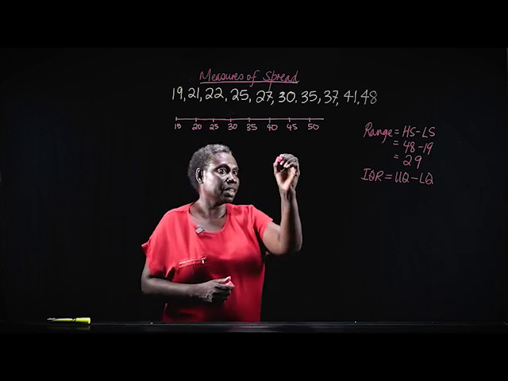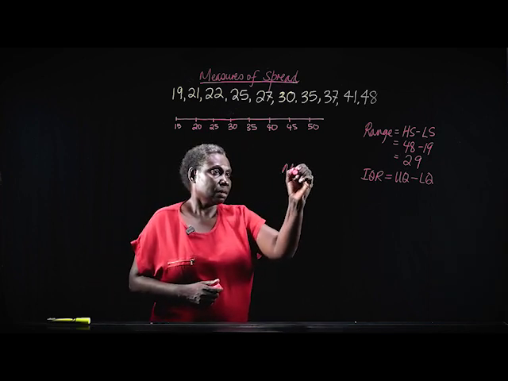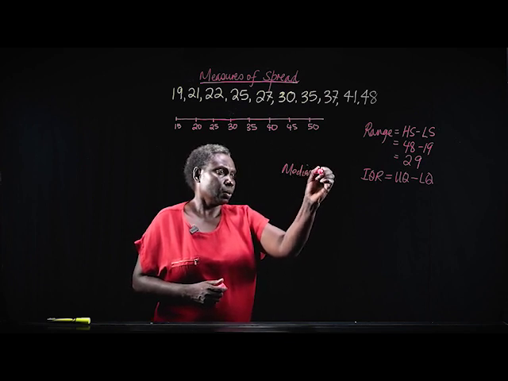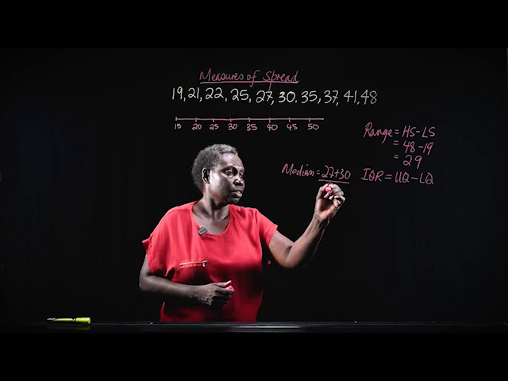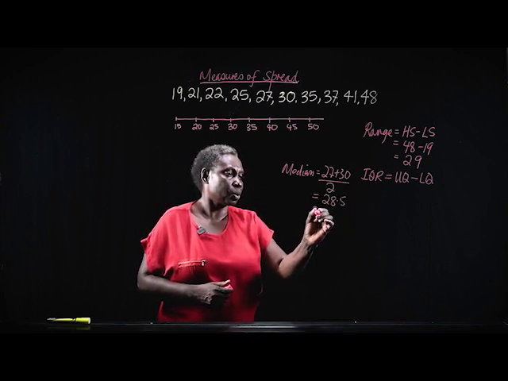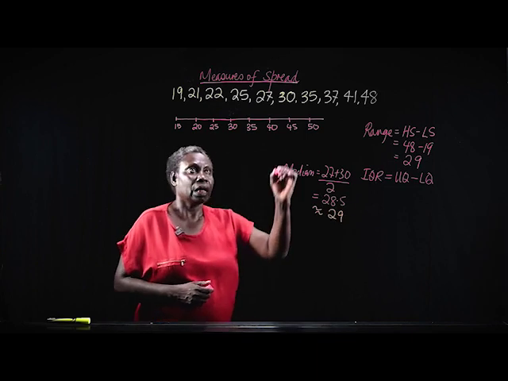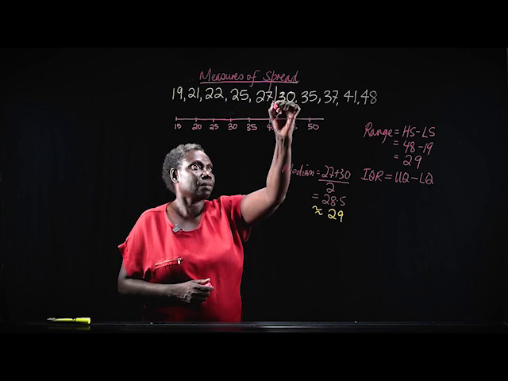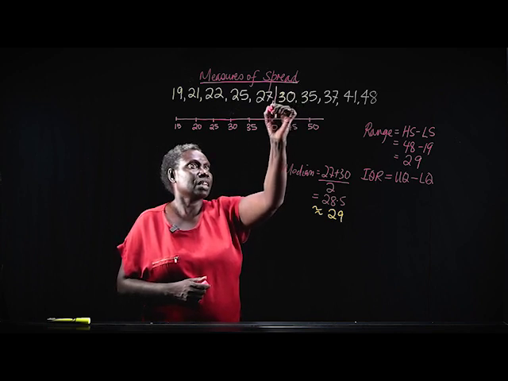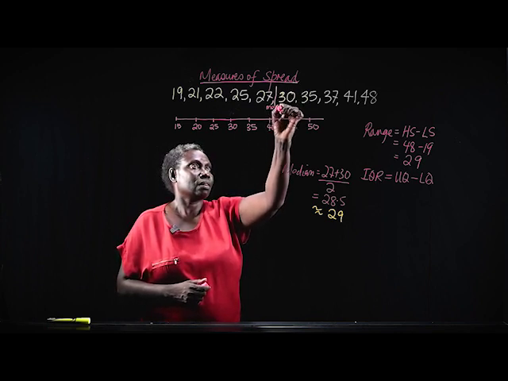So our median is equal to 27 plus 30 divided by 2, which gives us 28.5, approximately 29. Therefore, my median would be somewhere here. So that's the median, which is 29.